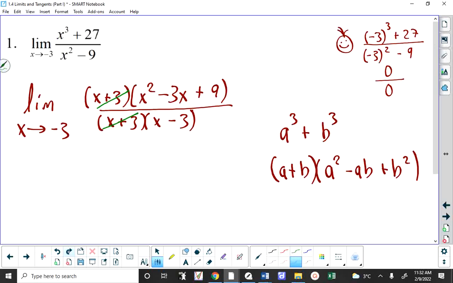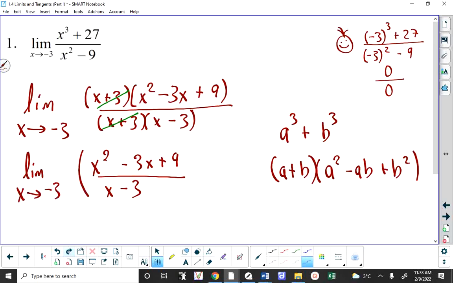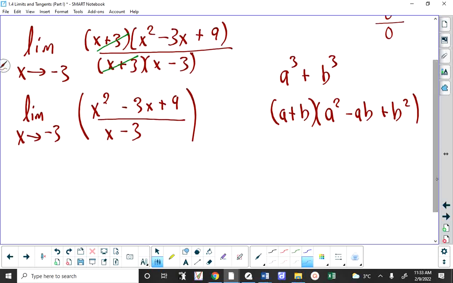Now, it's at this point in time you can go ahead and put -3 in, and most of you did, but if you are going to rewrite the simplified form of this expression and write x squared minus 3x plus 9 over x minus 3, since you still haven't loaded the -3 into the expression, you need to write the limit as x approaches -3 of this expression. The brackets are not necessary. However, it's at this point in time that you can put -3 in.